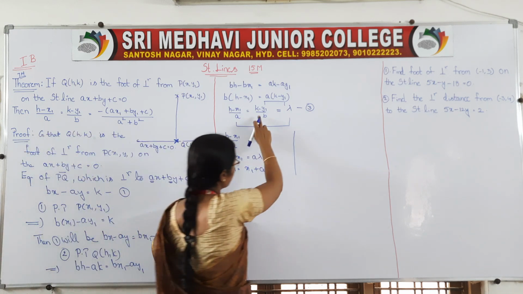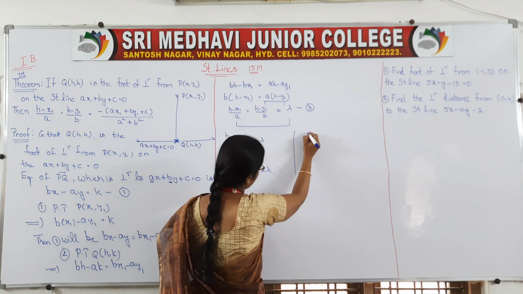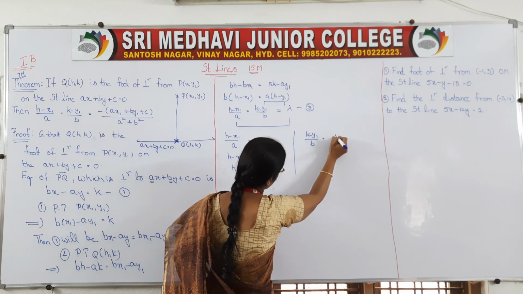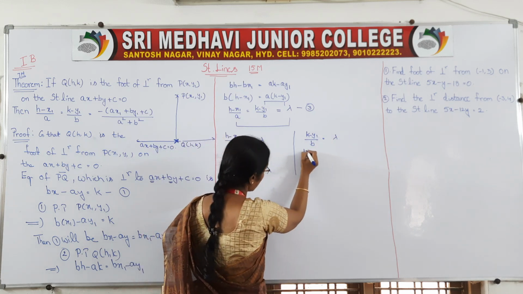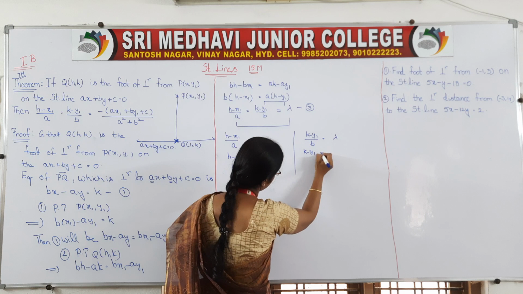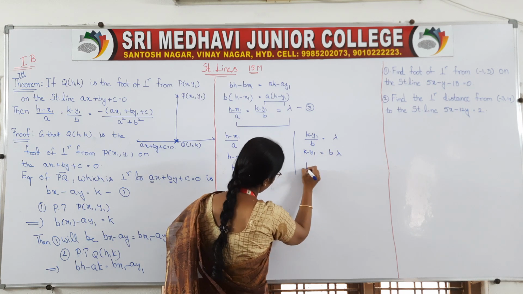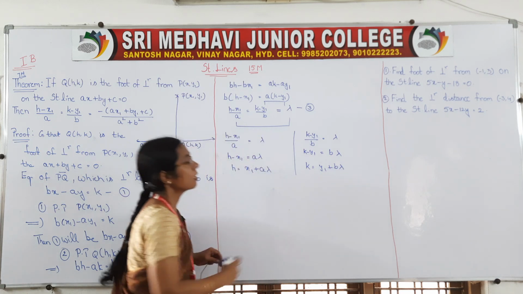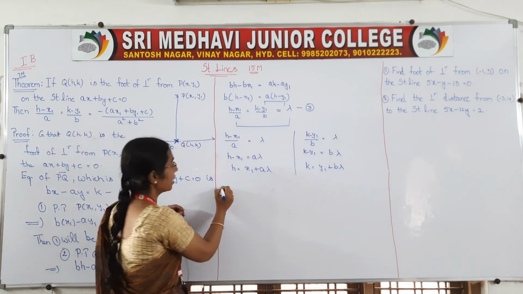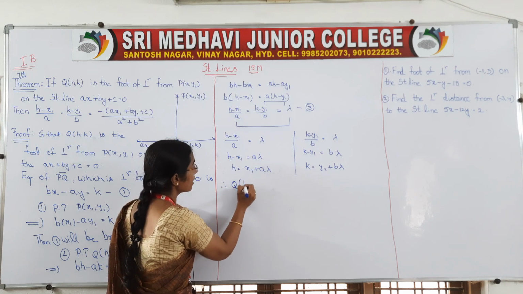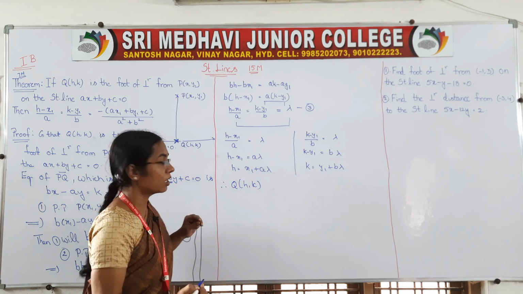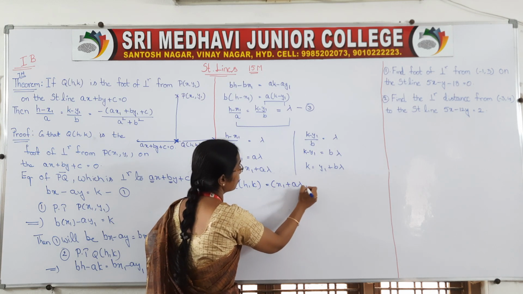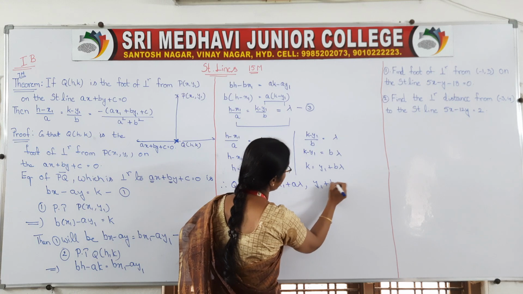Now get your k value, the k term with the constant term. So (k minus y1)/b is equal to lambda. So k minus y1 is equal to b lambda, k is equal to y1 plus b lambda. Therefore, finally, the foot of the perpendicular Q (h, k) is equal to (x1 plus a lambda, y1 plus b lambda).